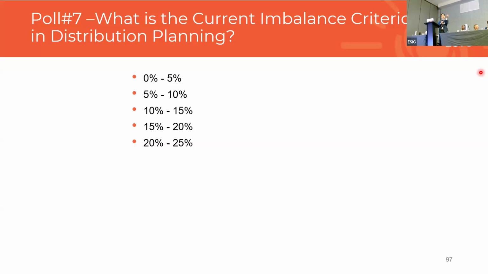If they fetch the data to the utility, they calculate it and say, hey, the imbalance is too large, I need to take some actions in my planning. What is the current imbalance criteria in the distribution planning? Anyone know the answer?